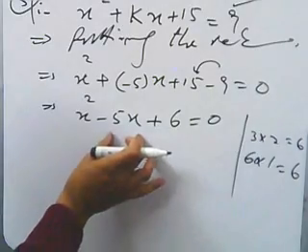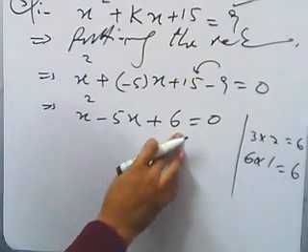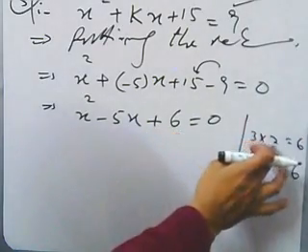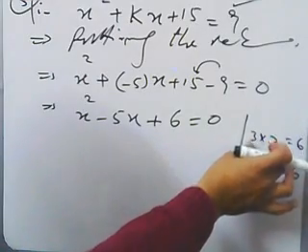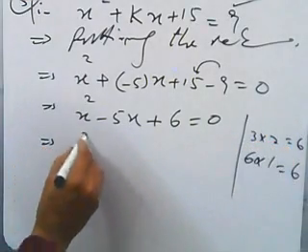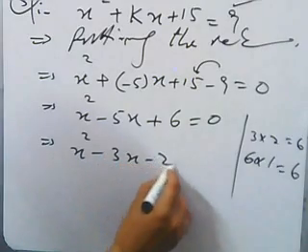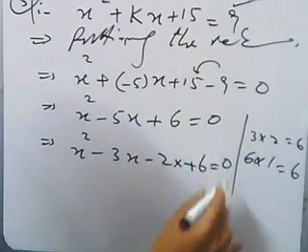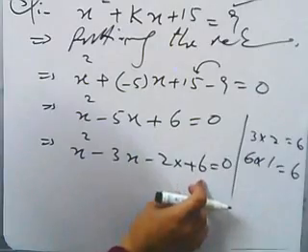So which one is better one? I think if we use 3 2s are 6, that will be a much better factor, because after multiplication we get positive 6.